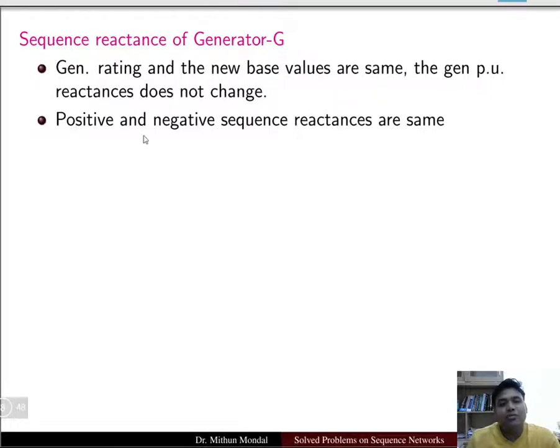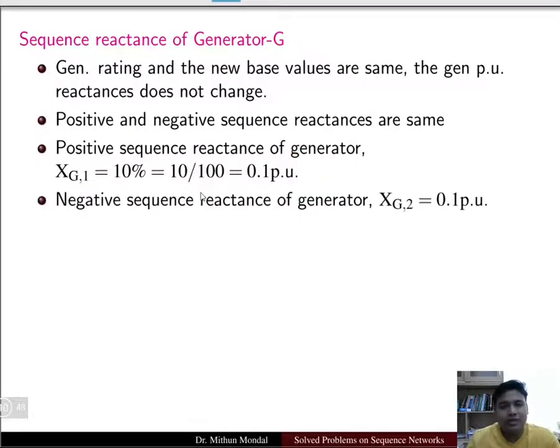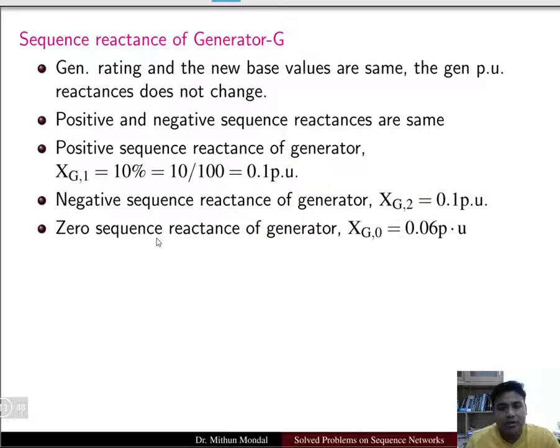In that case, the positive and negative sequence reactance will be the same for the generator. The positive sequence reactance of the generator is given to be 10%, which is equal to 0.1 per unit, and the negative sequence reactance will also be 0.1 per unit. Zero sequence reactance given in the problem is 0.06 per unit.